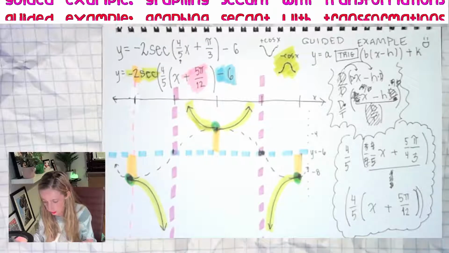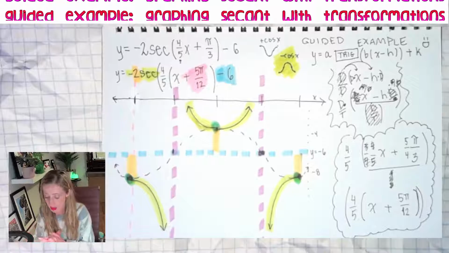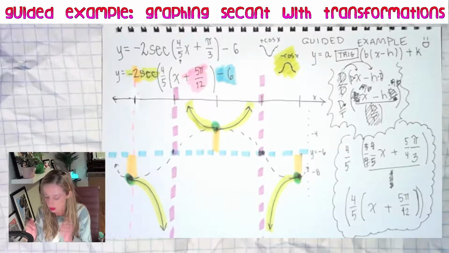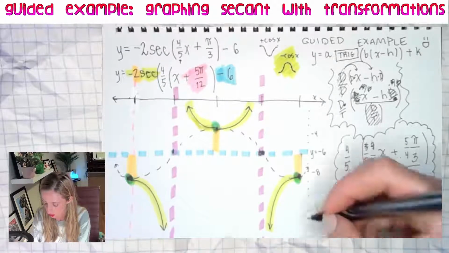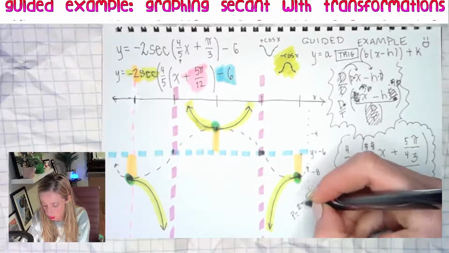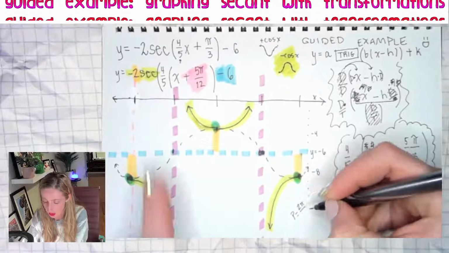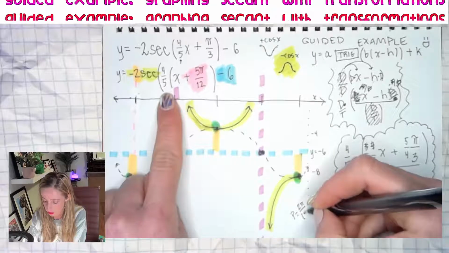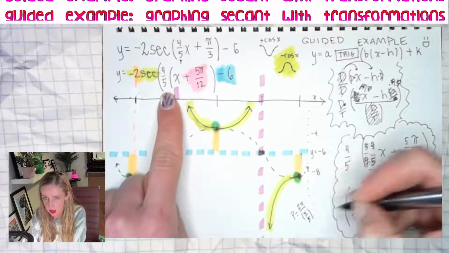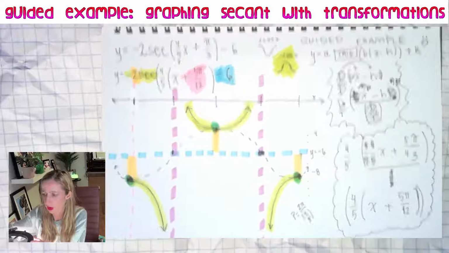And what do we got to do? Just label our x-axis and figure out where the y-axis is. Same process. So what are we going to do? Period equals 2 pi over 4/5. Similar to what we did a minute ago. Dividing by 4/5. Oof, blurry city.